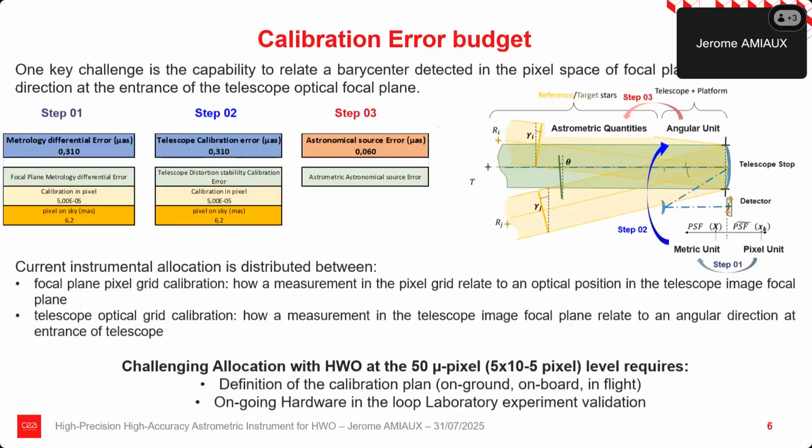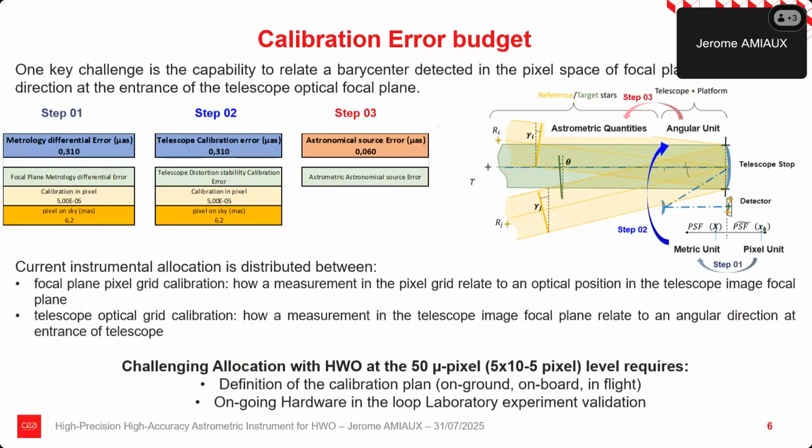The next part of the budget is really the whole calibration budget error, because we really want to transfer from the pixel where the detection of the barycenter is done onto the sky, also on angular astrometric measurements. And that's done in 2 steps at the instrument level. The first step is from pixel space, where the measurements is done, to the telescope focal plane. So we are still in the metric image focal plane, and we need to calibrate the pixel grid.